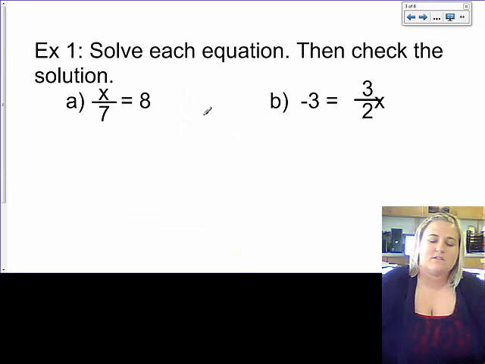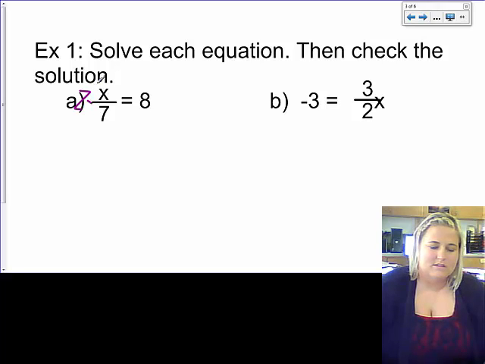So, for example, it says solve each equation, then check the solution. So what I have here is x divided by 7 equals 8. X is being divided by 7, so I want to undo that. I want to do the opposite. So instead of dividing by 7, we are going to multiply by 7.